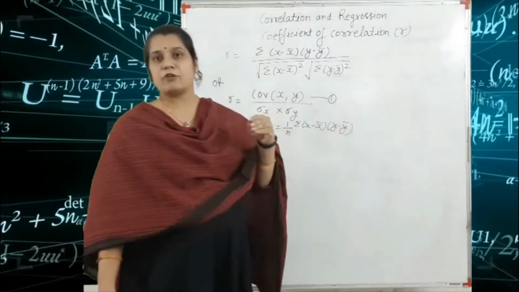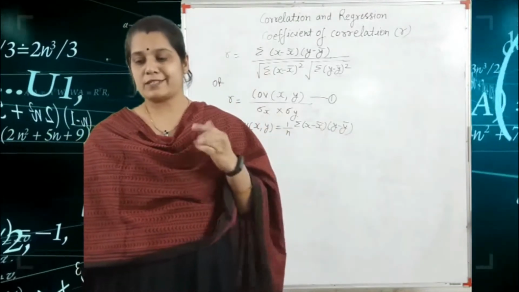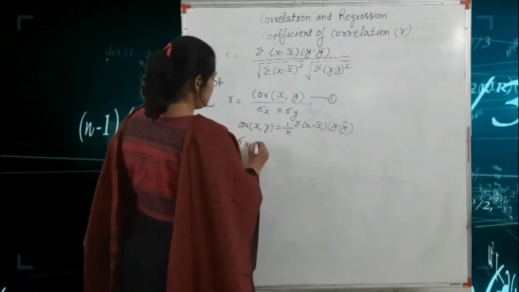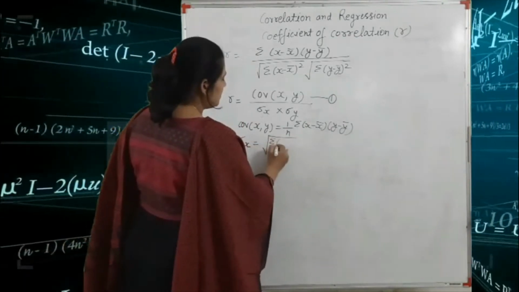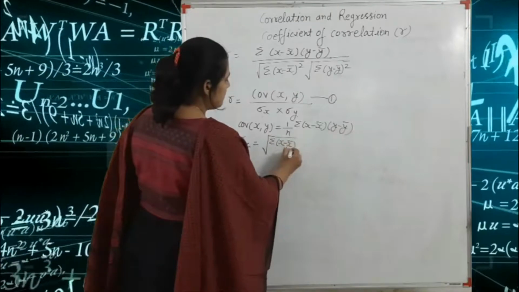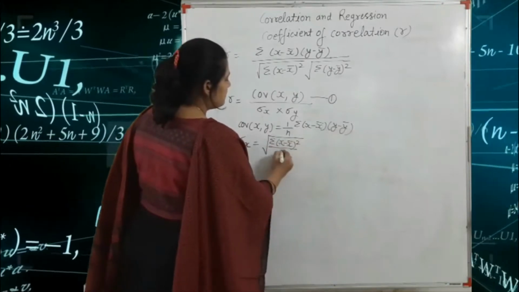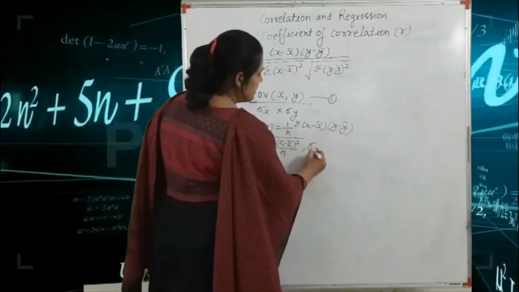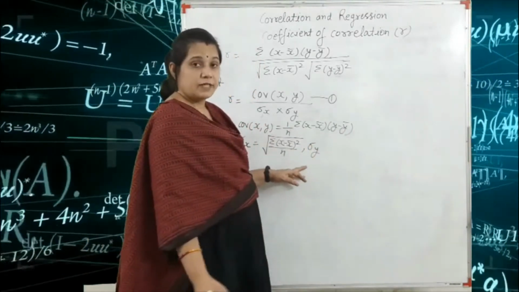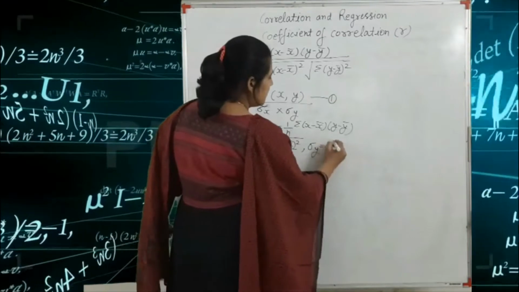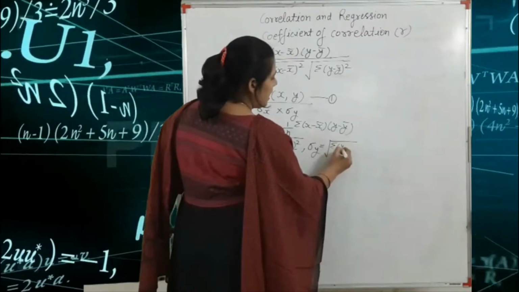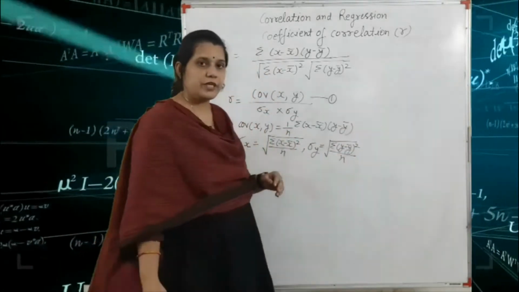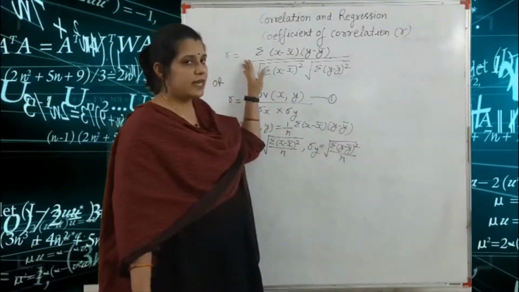This is the formula of the covariance of x comma y, and sigma x is equal to under root summation (x minus x bar) whole square divided by n. And sigma y, the standard deviation with respect to y, is equal to under root summation (y minus y bar) whole square divided by n. This is your standard formula.